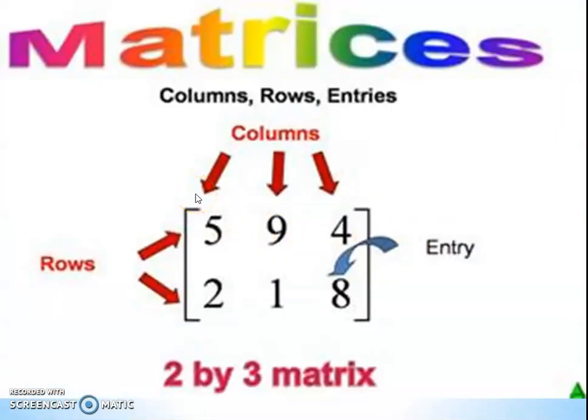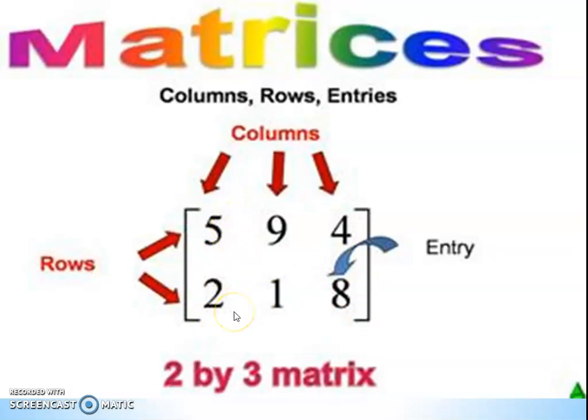A new pattern in matrices we define the same way. I have given the slide on matrices, columns, rows and entries, referring to the mathematical definition. 5, 9, 4, 2, 1, 8 are the entries. That means these are numbers. And 5, 9, 4 is row 1 and the second is 2, 1, 8, the second row.